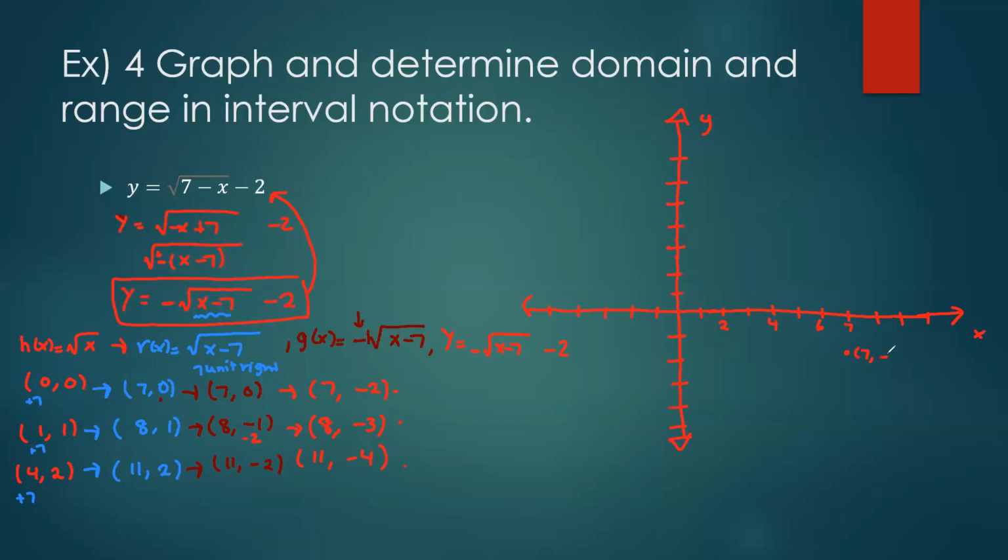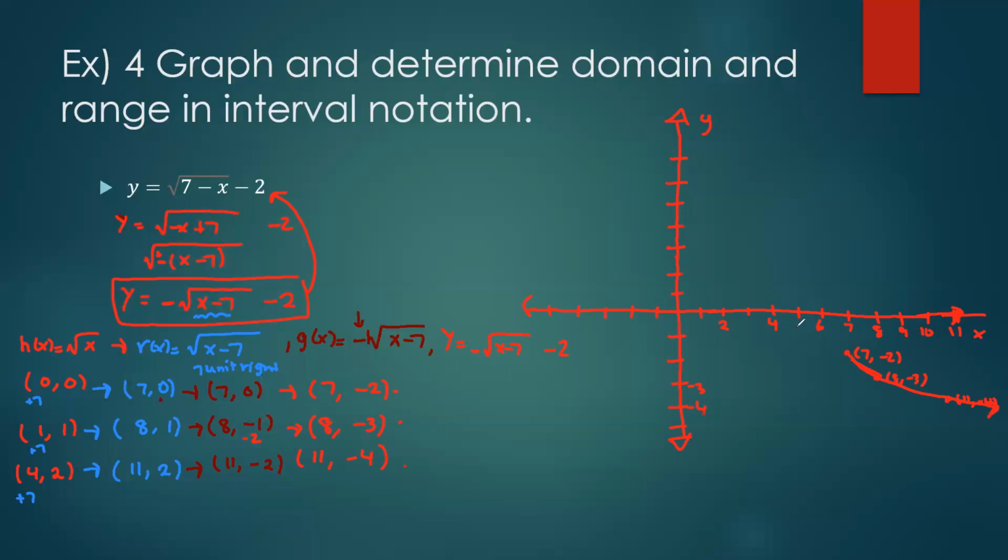So this is 7 comma -2. 8 comma -3 is here's 8. And then 11 comma -4 is. Okay, so this is your graph.